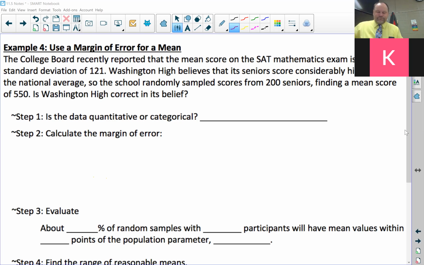So one way that you can think about this, I'm going to move that. I like to circle all of my values when I have a word problem. I like to circle my numbers.